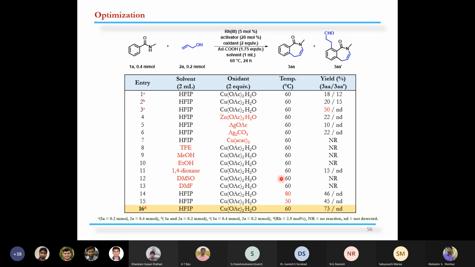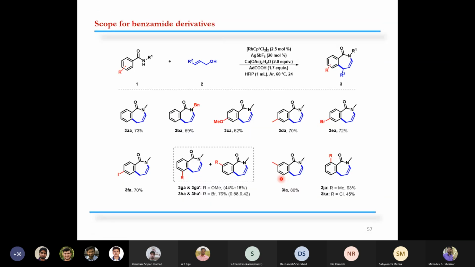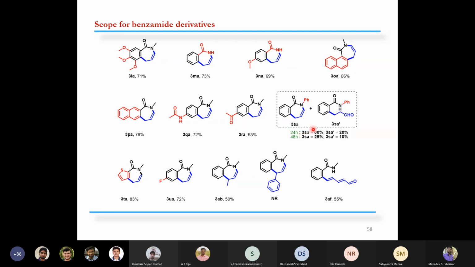After optimization, we started the substrate scope for benzamide derivatives, where different substituted benzamide derivatives worked well under CH activation condition. But more importantly, when we used N-phenylbenzamide as a directing group, we found that there was no formation of benzolactam product, and there was 20% of the hydroxyalkylated product.